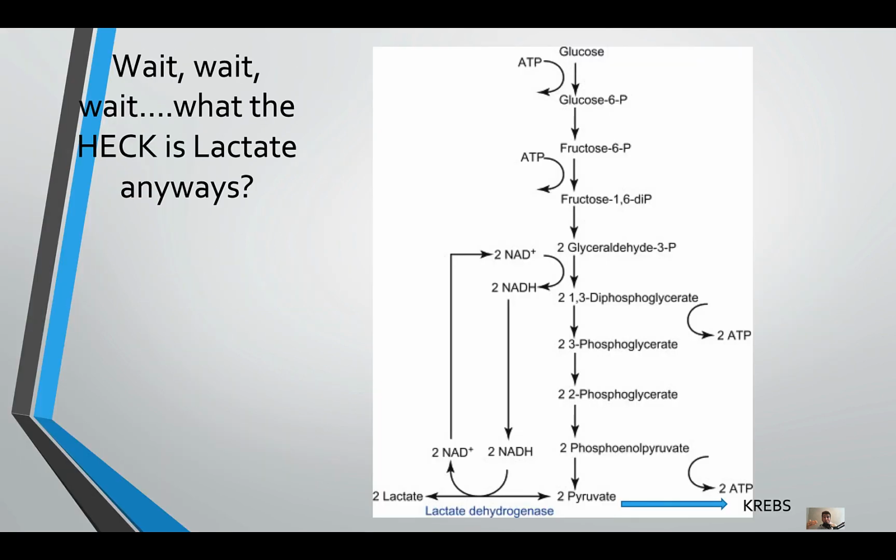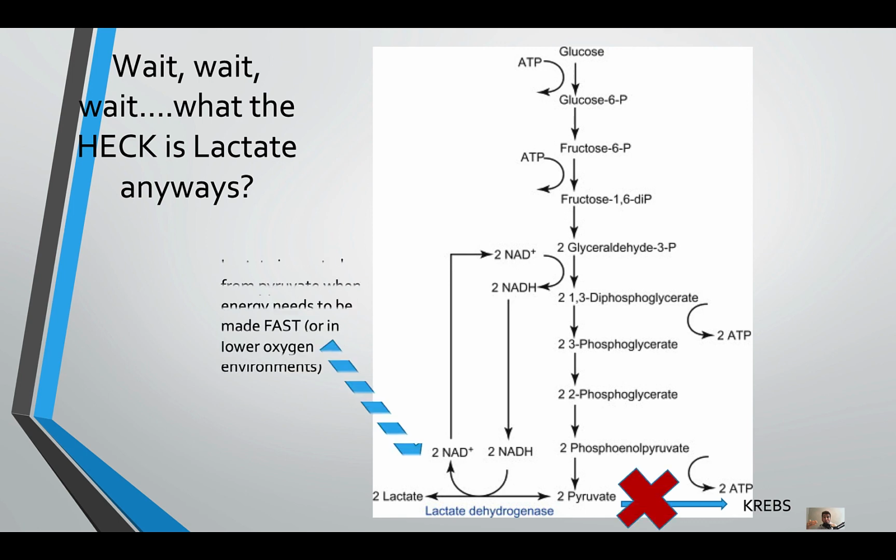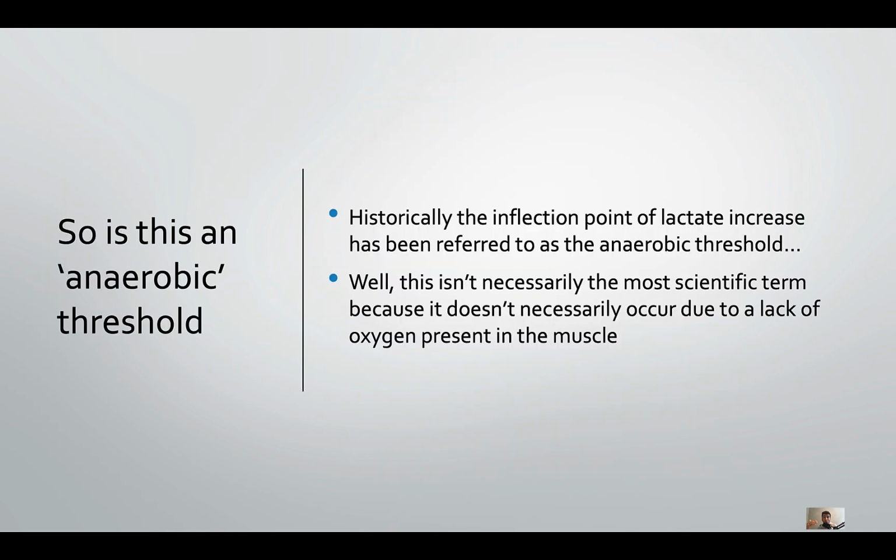So if lactate's being produced when we're at high work rates, what's going to be controlling it? So if you're saying that lactate represents an anaerobic generation or an anaerobic glycolysis, then would this lactate threshold also be considered an anaerobic threshold?